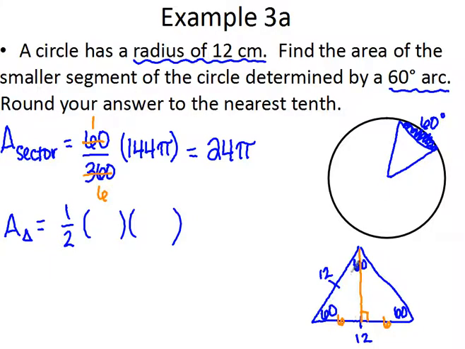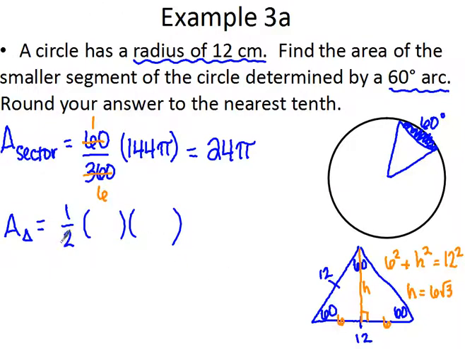So you have a 30, 60, 90 triangle over here. Okay, so if you do a little Pythagorean theorem, you do 6 squared plus h squared for our height, because we need this height right here, equals your hypotenuse squared. And you do some math, you're going to come up with the height to be 6 root 3. Okay, if you don't believe me, then go through and do the math yourself and you'll see it.